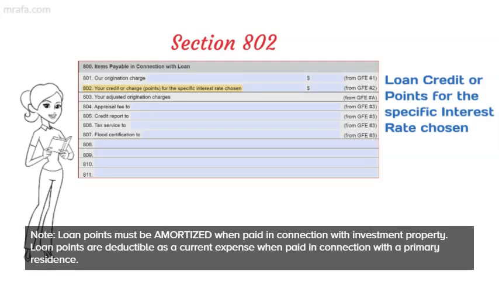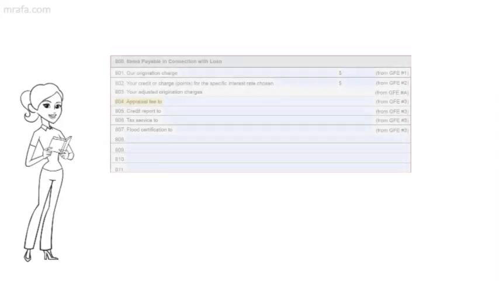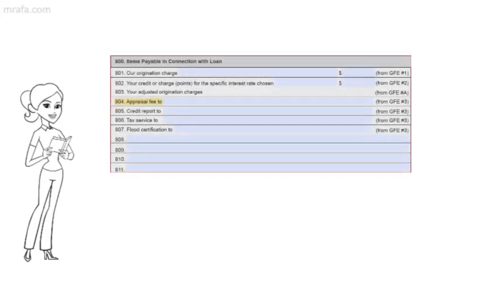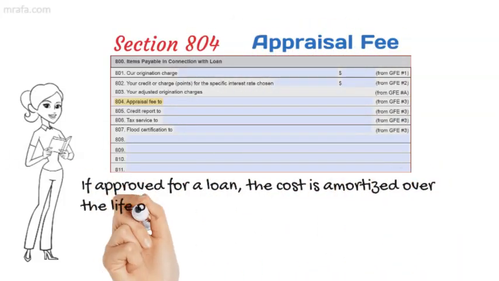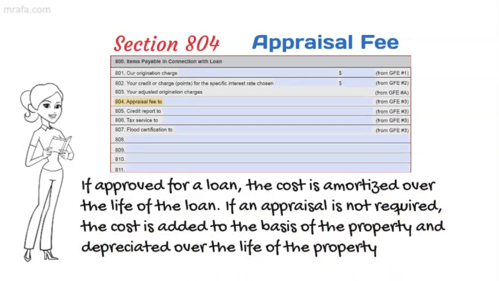In some loan statements, you will see some amounts in Section 804, which is the appraisal fee. This is kind of like you hire someone to provide the market value of the property.